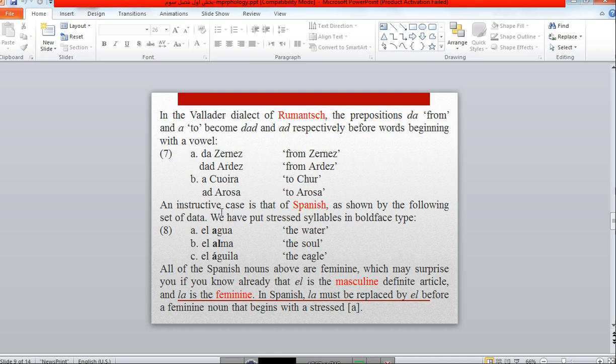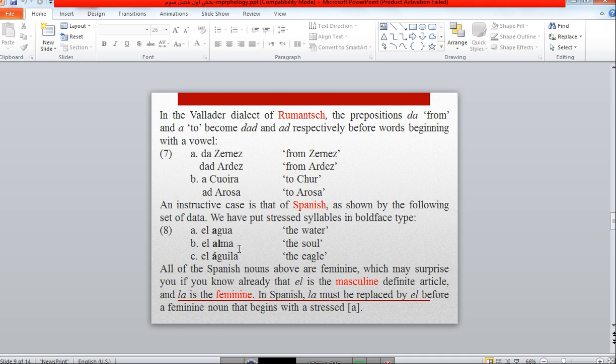The other example, an instructive case, is that of Spanish, as shown by the following set of data. So you see el agua, but when we have two vowels near each other, again we put L between these two vowels, and we call it el alma. So this is in Spanish.